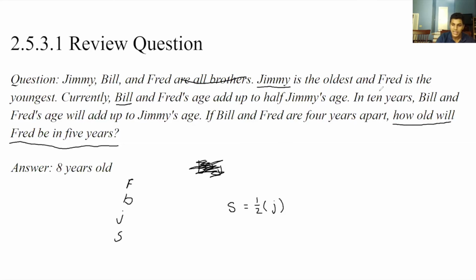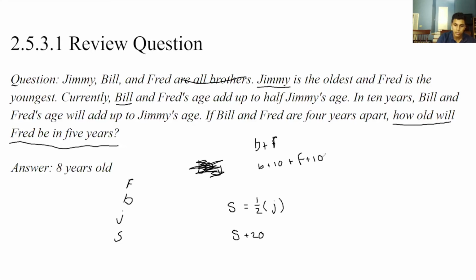All right, in 10 years, Bill and Fred's age will add up to Jimmy's age. So in 10 years, that's S plus 20, and this is where you have to be careful with variables like this. It's plus 20 because we're talking about 10 years later, but it's for 2 people. If we were to figure out what S means, remember it's B plus F. Well, in 10 years, it'd be B plus 10, so Bill's age in 10 years, plus F plus 10, right?